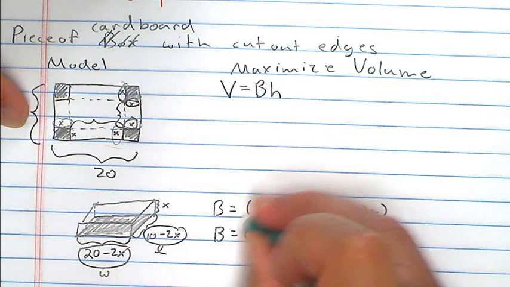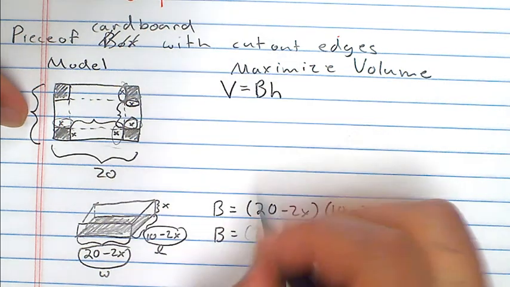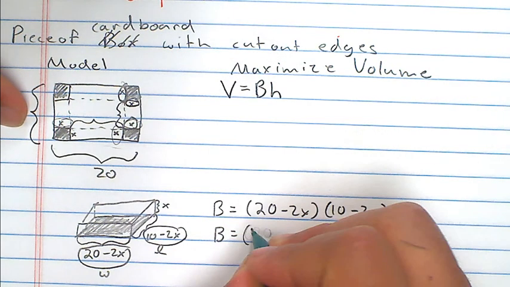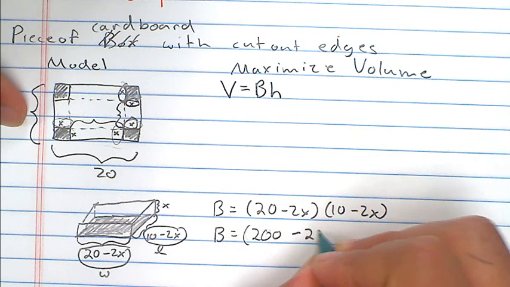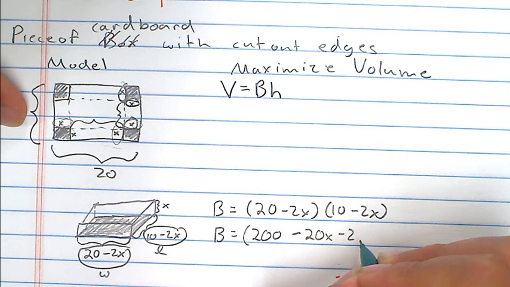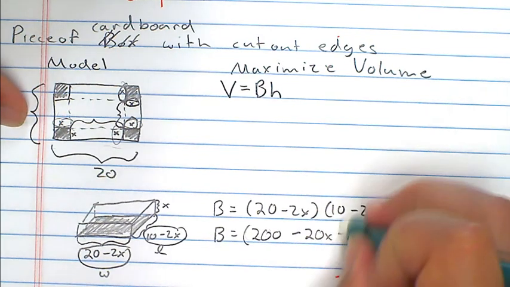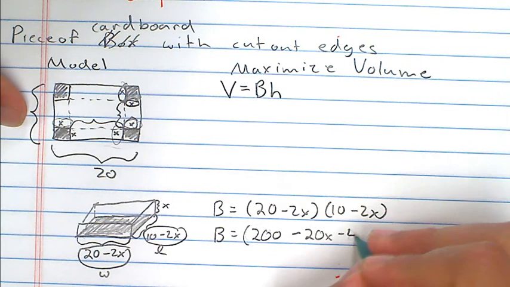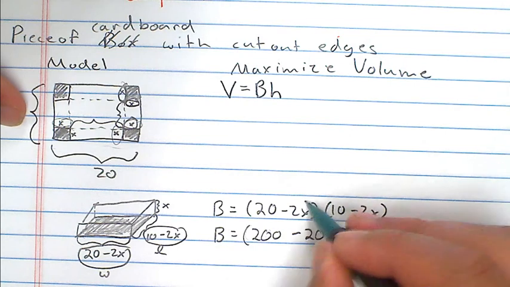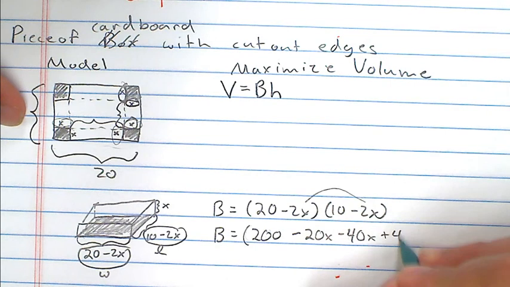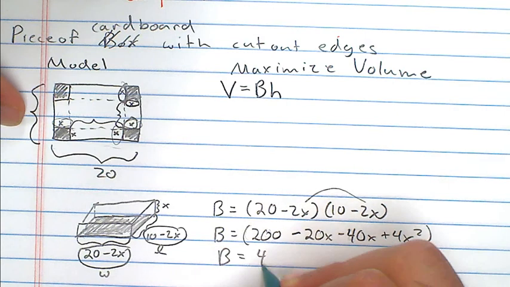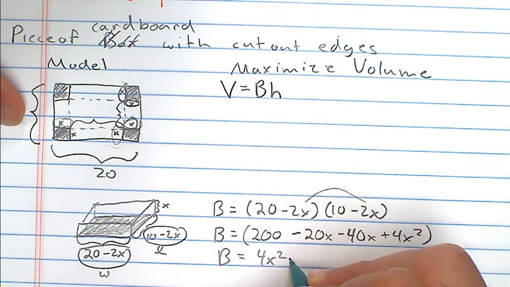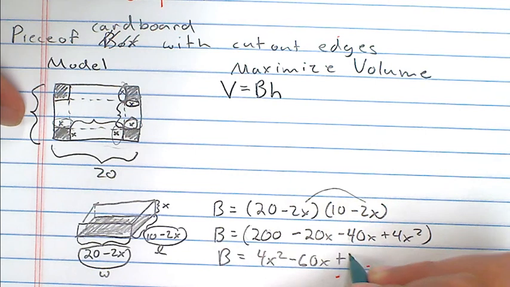So this is going to end up being 200 minus 20x minus 40x, and that last one is plus 4x squared. I'm going to switch it around and combine like terms: 4x squared minus 60x plus 200.